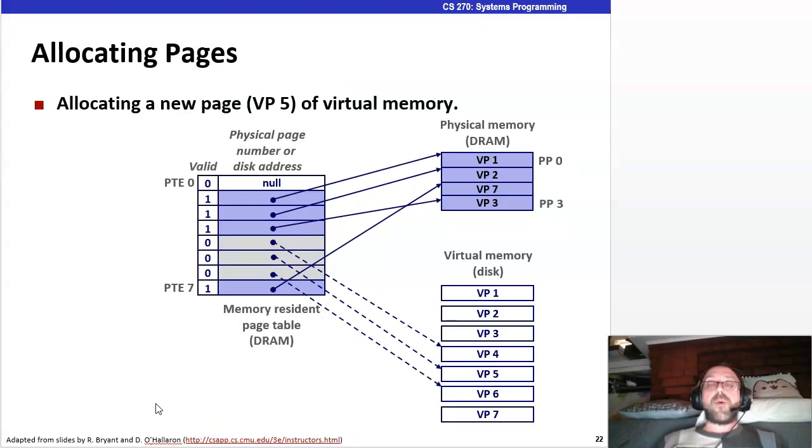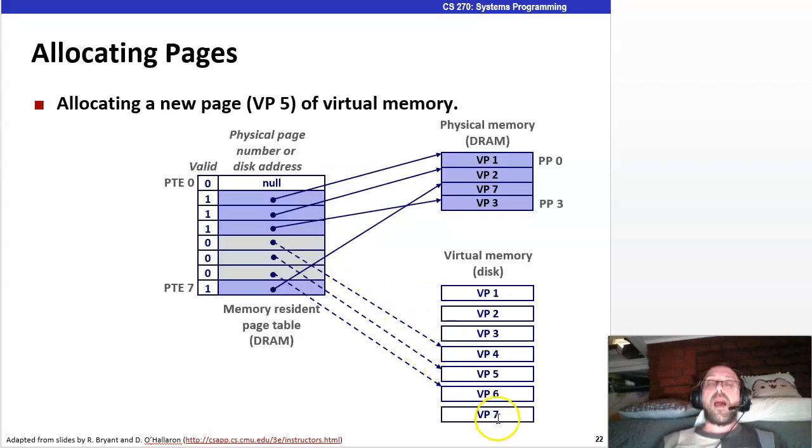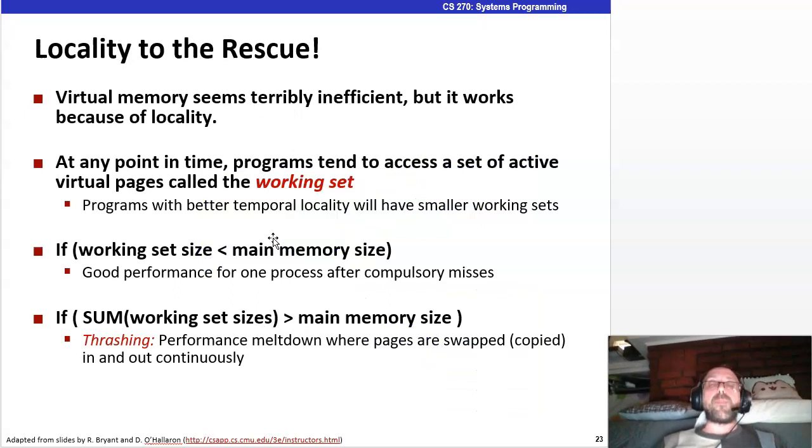All right, so this might be a little bit of a repeat of what I just said, but maybe in a little more detail. If I want to allocate a new page of virtual memory, so page 5, for example, I would, as we saw, take something that's already on disk, write it out, and then load it in. Okay.